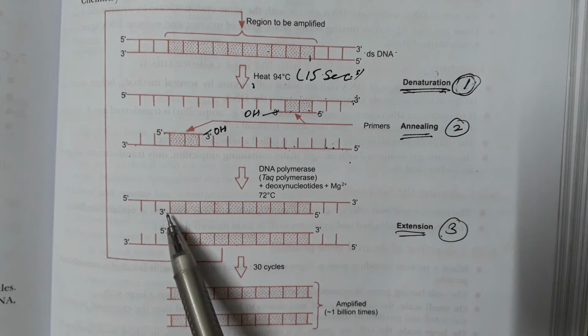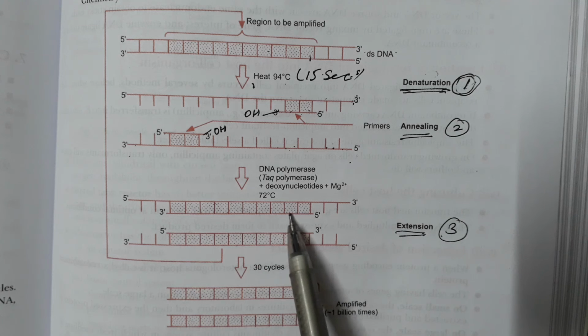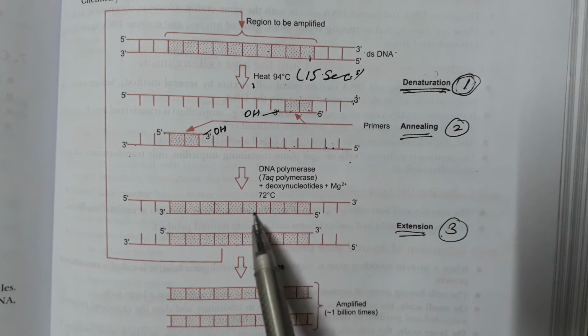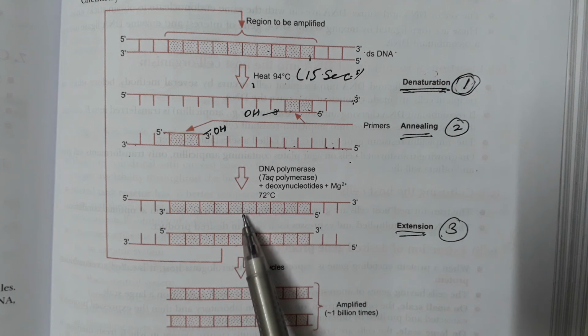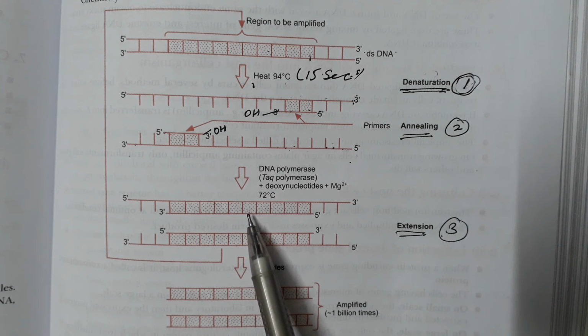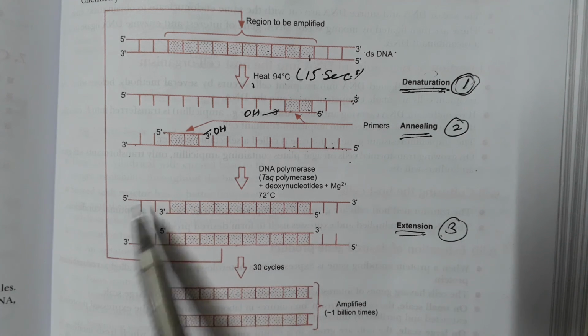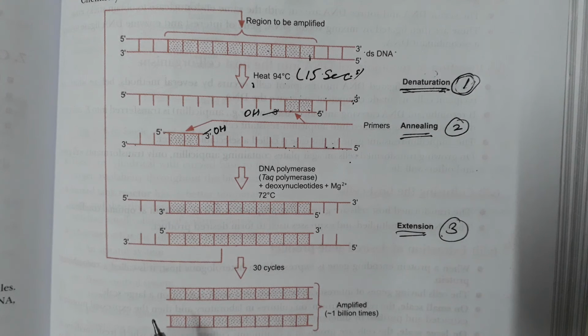Towards the 3' end of the primer, nucleotides start adding, causing the growth of a new strand of DNA towards the 3' direction. These nucleotides are complementary to the template DNA.